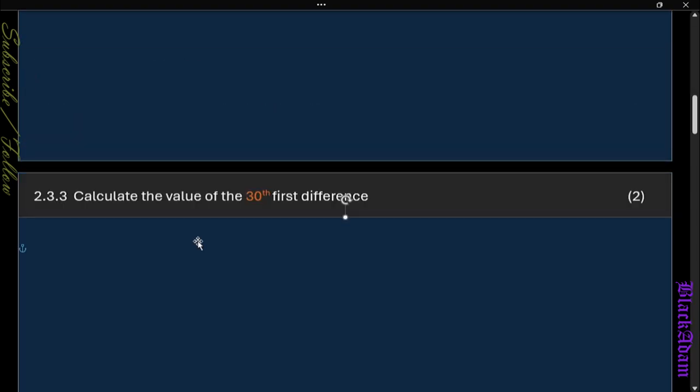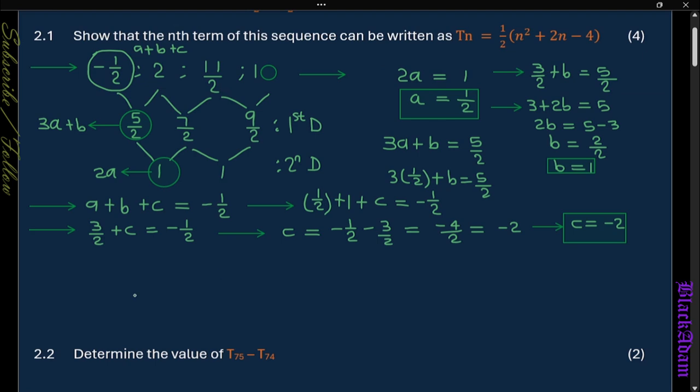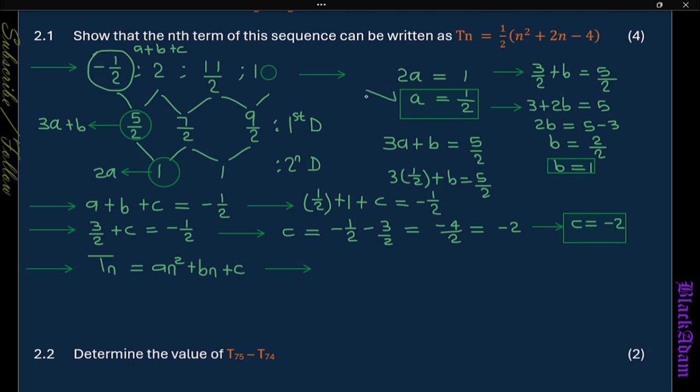So what we have to do now is write the equation. Tn is a n squared plus bn plus c. Always memorize that. And then we have our a, which is a half, b is 1, and c is negative 2.